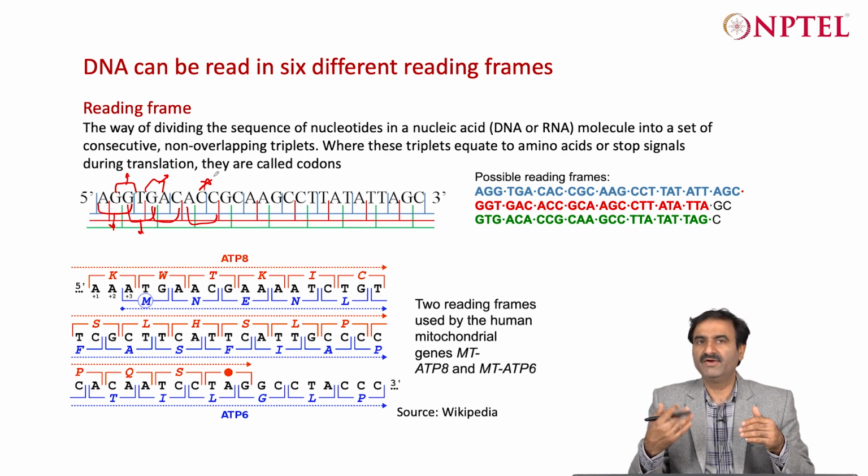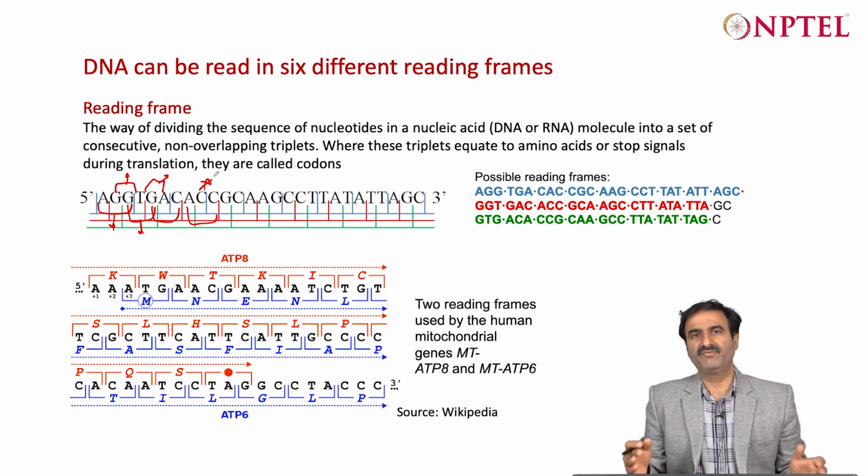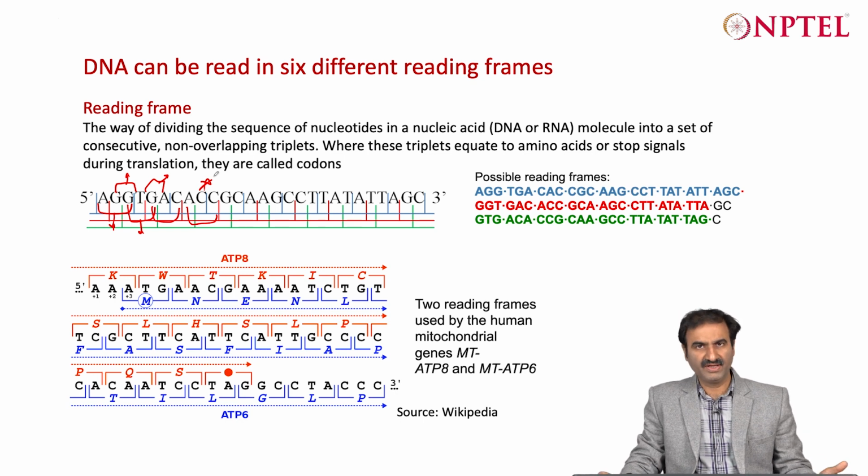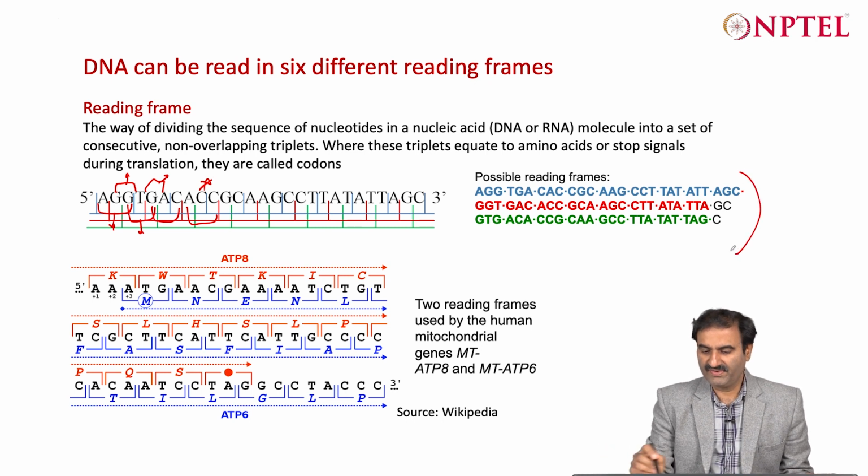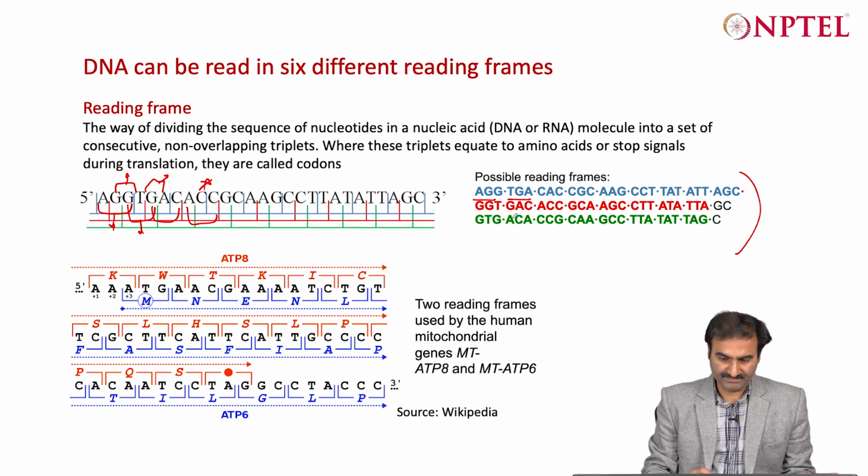The relevant ones, which are long enough, are called ORFs, and others are generally not taken into consideration for protein coding genes. So these are the 6 different reading frames that you can get from this AGG, TGA, then shift by 1 base pair, GTG, and like that, GGT.